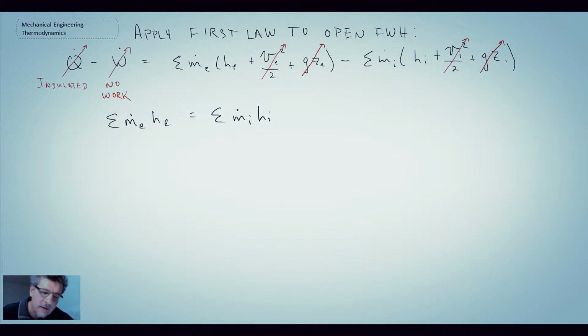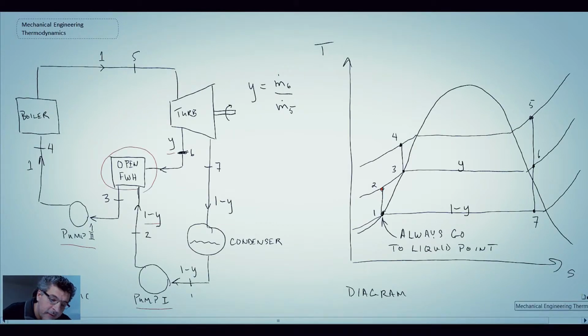It's basically just the mass flow rate times the enthalpy of your exit streams equating to the mass flow rate of the fluid streams entering multiplied by the enthalpy. So we can look back to our diagram of the open feedwater heater. We see that we have a fluid stream at state 6 coming in, mass fraction y. We have fluid state 2, 1 minus y, and fluid state 3 leaving.